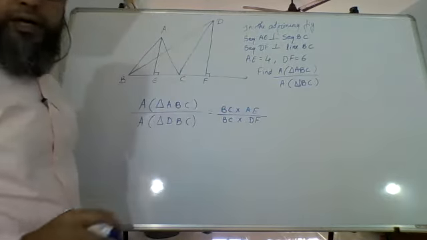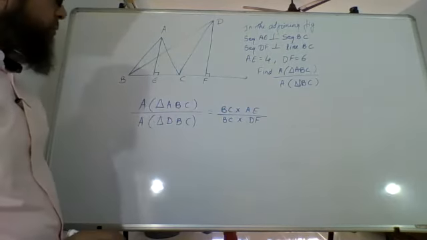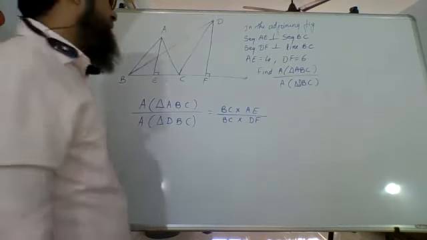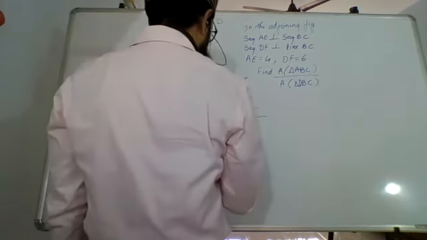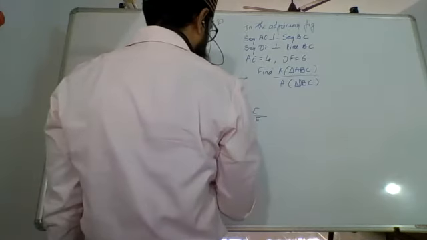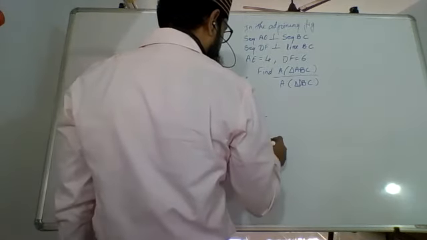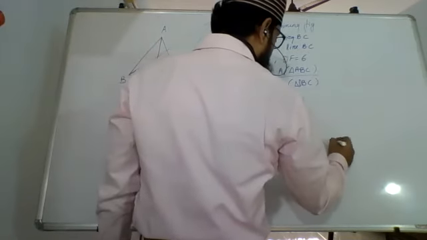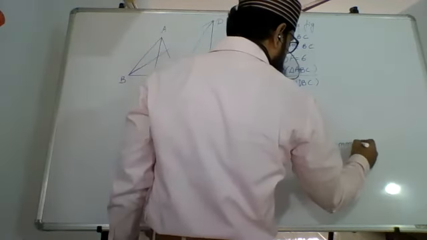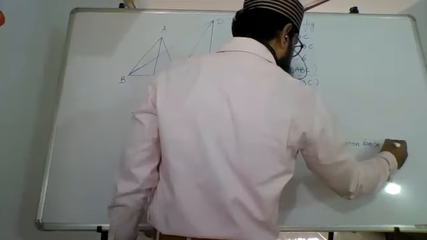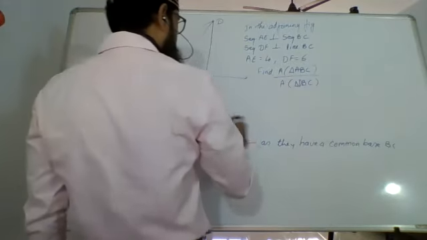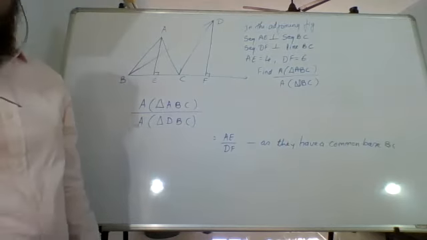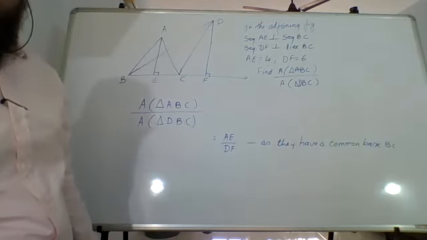BC is going to cancel. In fact, I can directly write it as AE upon DF, as they have a common base BC.